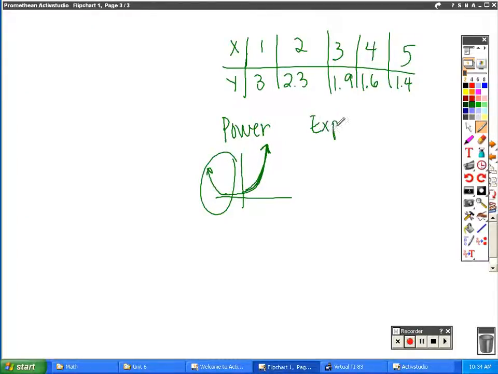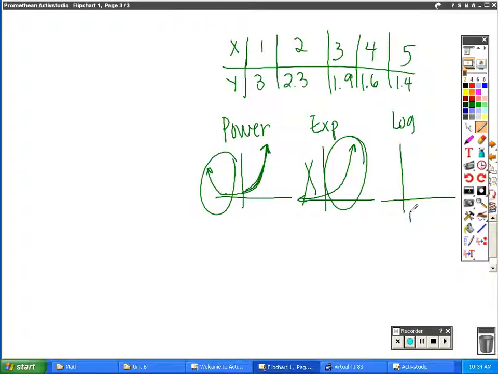Exponential looks like this, and this is an asymptote. It's going straight out. Remember that we're not really concerned about this. We're concerned about this. And logarithmic looks like this, and this is an asymptote here. This is 1.